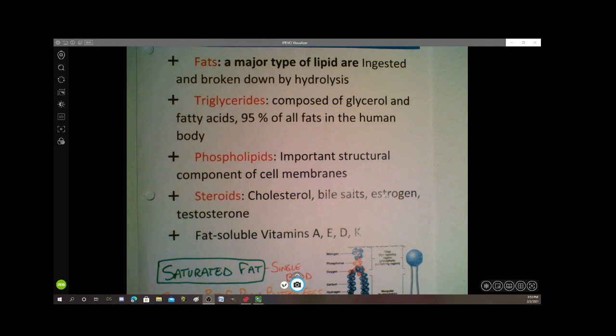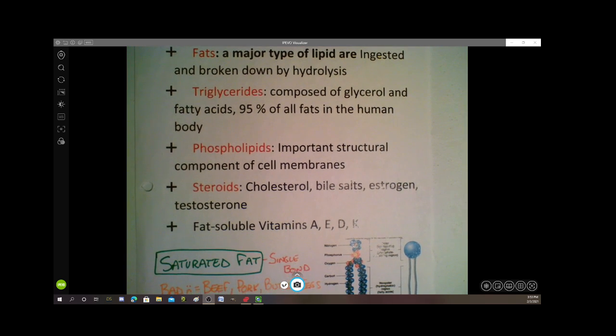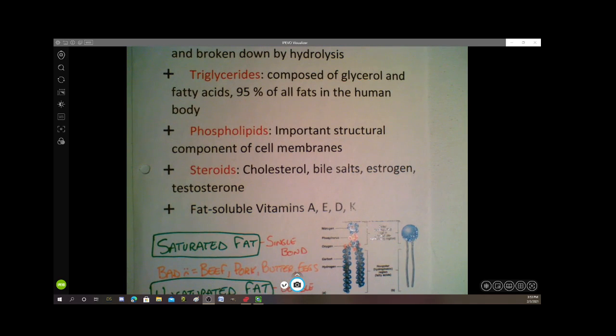And then another example of fats in our body will be steroids. And our body uses steroid fats primarily as hormones. Our sex hormones, estrogen and testosterone, are steroid fats. Another example is cholesterol. Now, we get cholesterol in our diet, but actually what we eat is not used by our body.